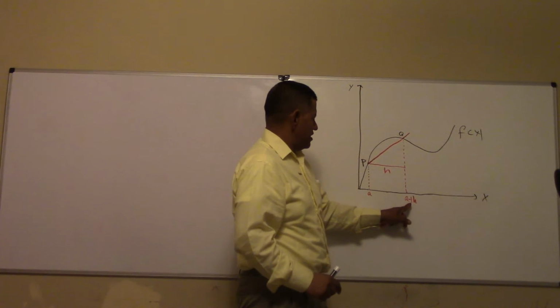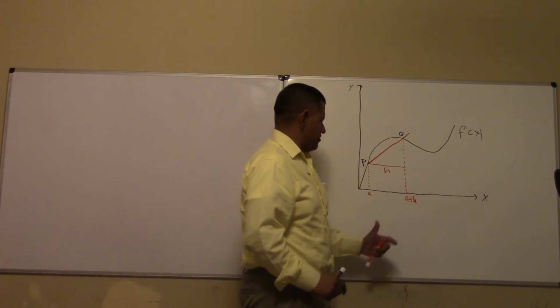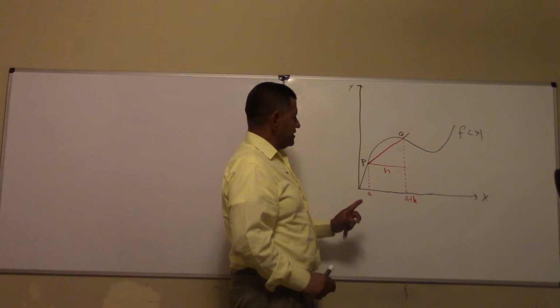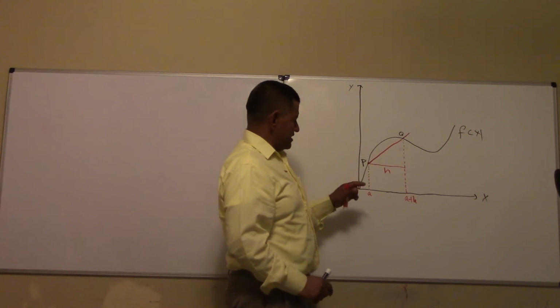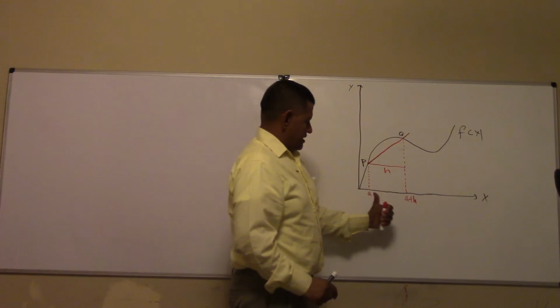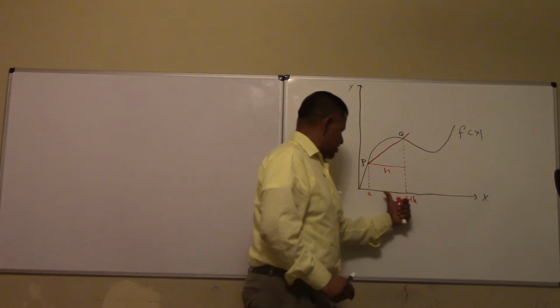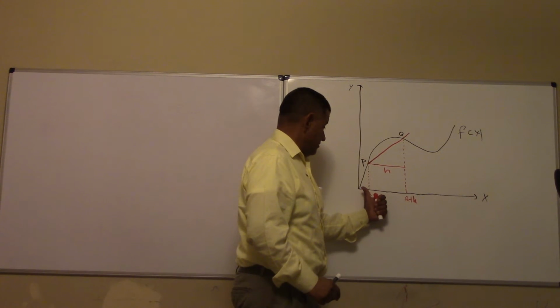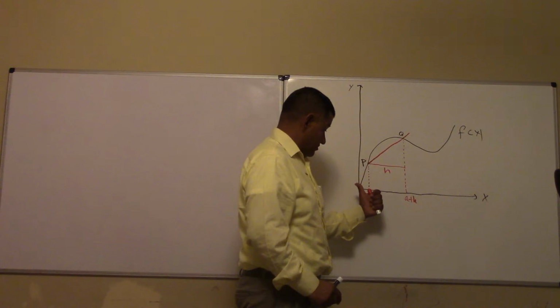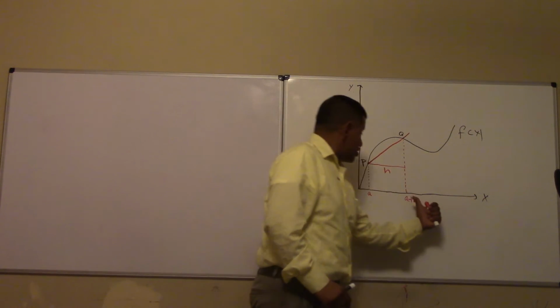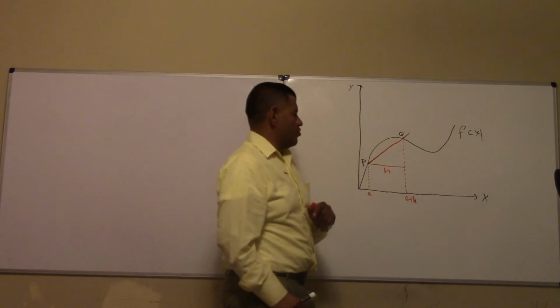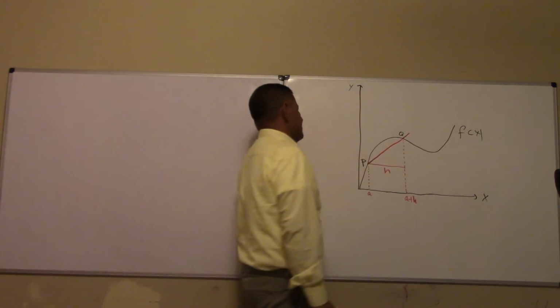So a plus an increment, but if you look at this, if h approaches 0, going in this direction, that means that h is getting smaller. We will see that in a minute.